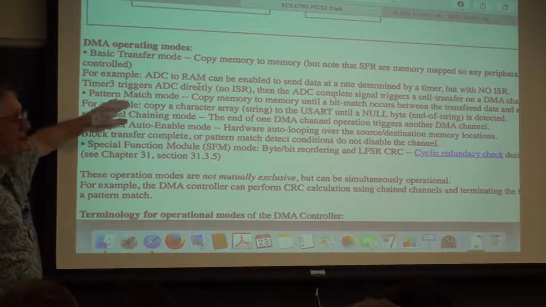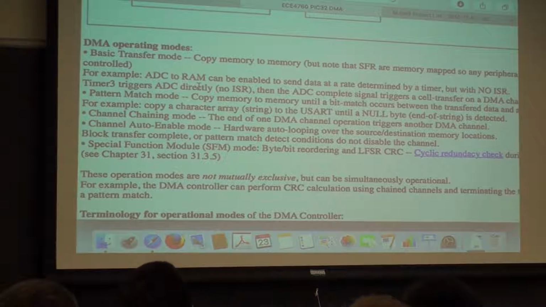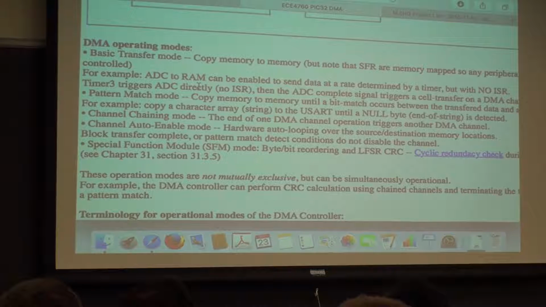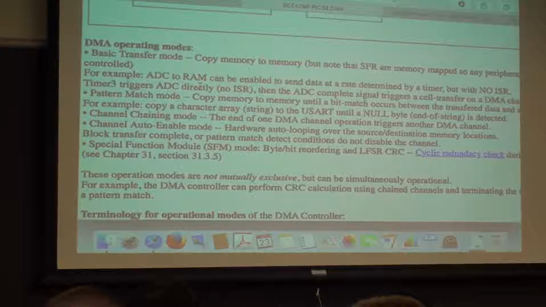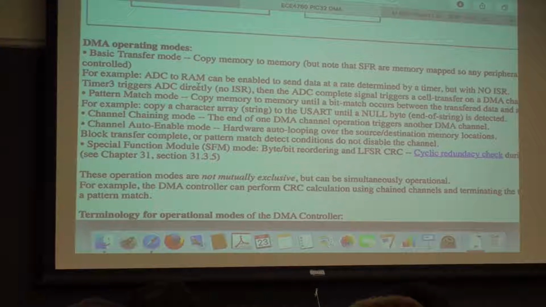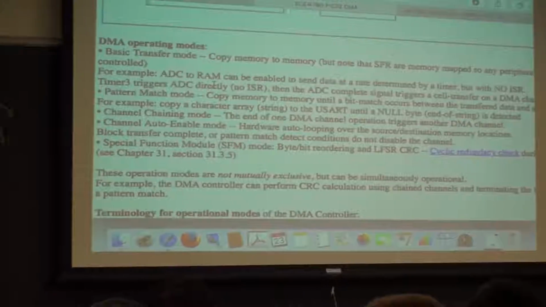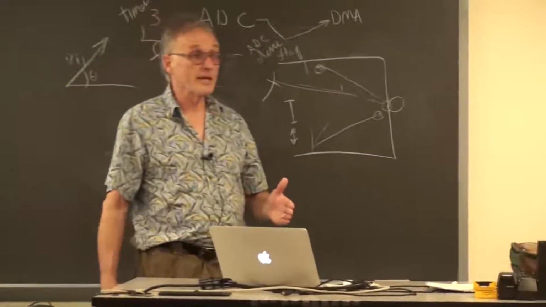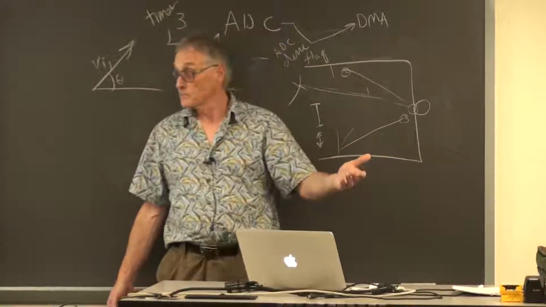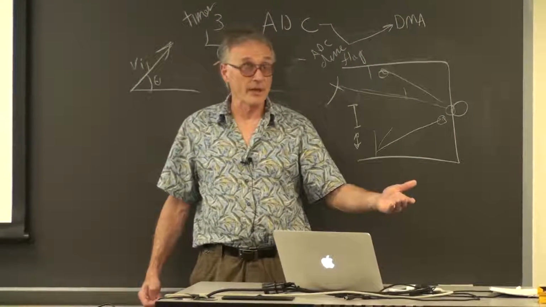There's a pattern match mode, which means you start a block transfer in software, and the block transfer continues until the hardware notices a byte match, a bit match in a byte, and then the transfer stops, it aborts. This is very nice for sending serial data because strings always end with a null. That's how C terminates a string.